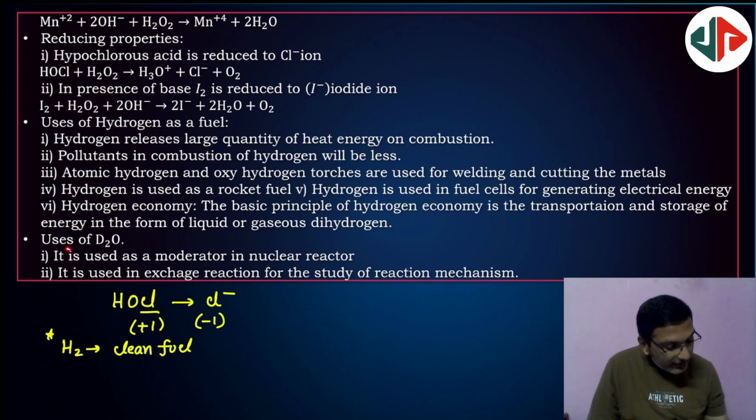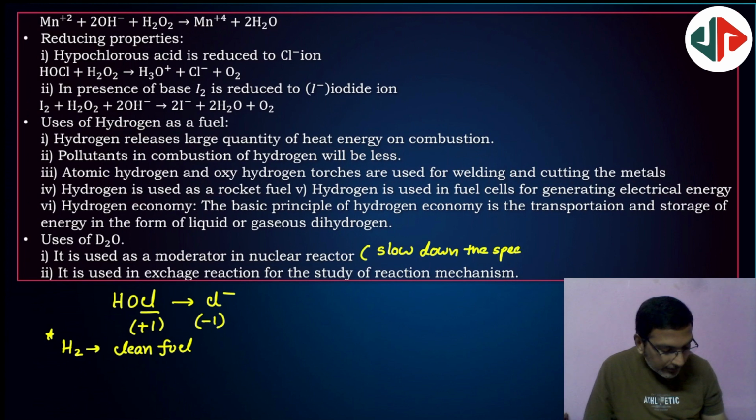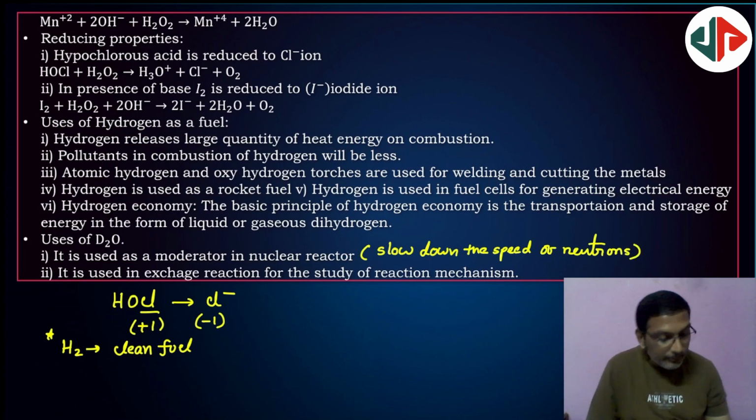Next, uses of D2O. It is used as moderator in nuclear reactors. Moderator means slow down the speed of neutrons in nuclear reactors, and it is used in exchange reactions to study mechanism.